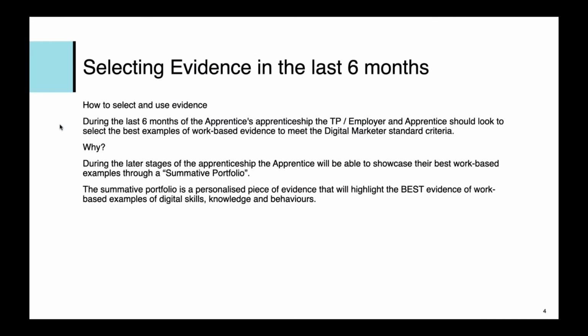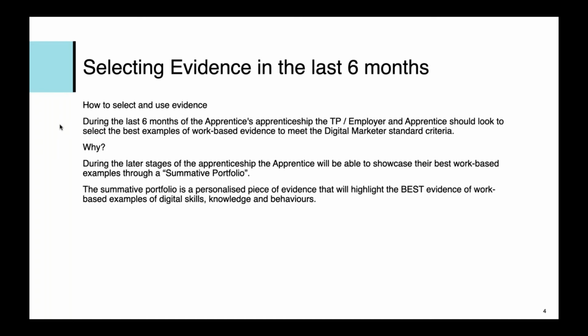So during the last 6 months, we really want you to sit down with the apprentice and start to develop best examples of work-based evidence from all of the time that the apprentice has been involved in their digital marketing standard apprenticeship.